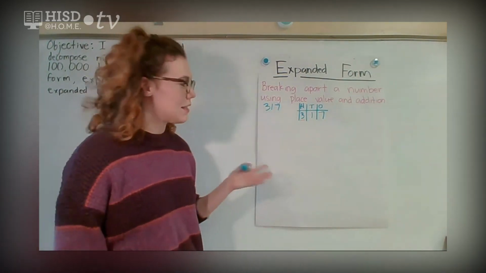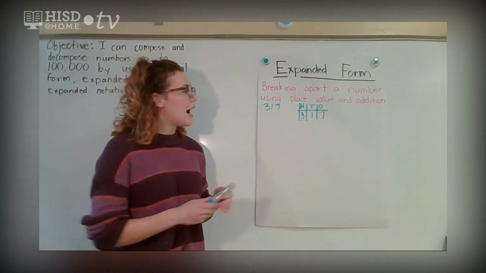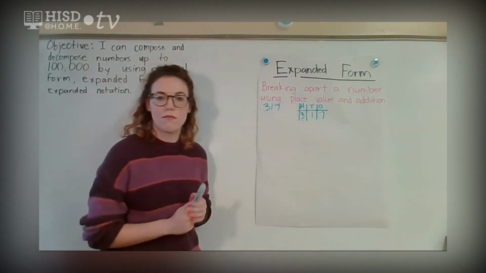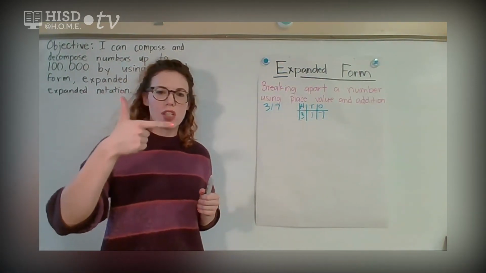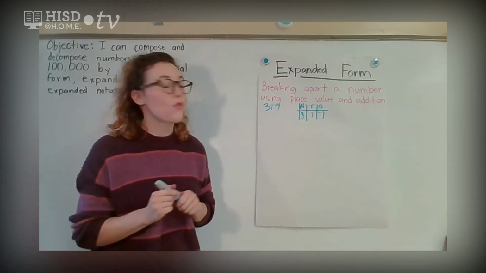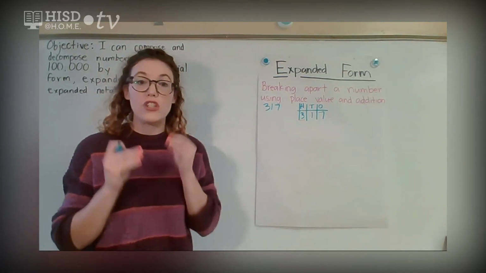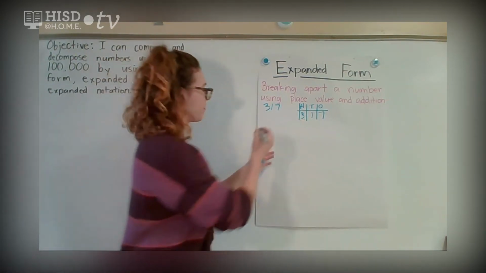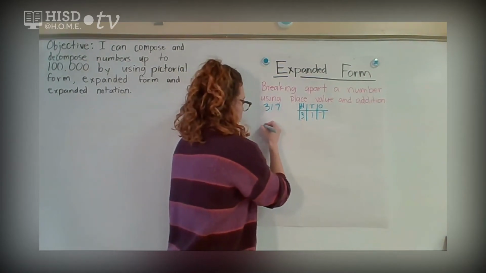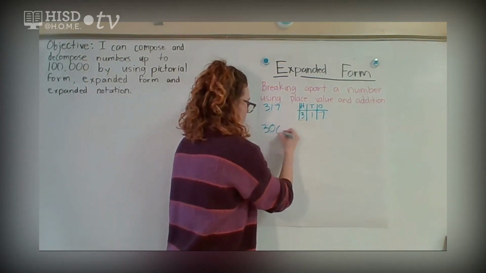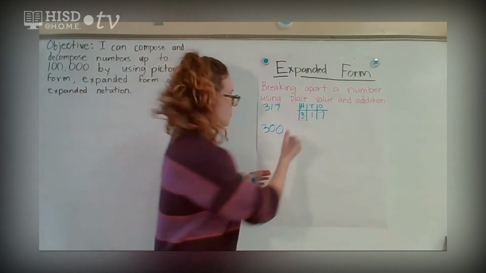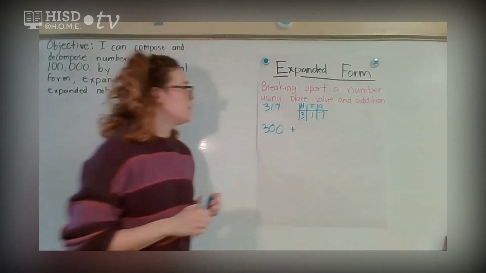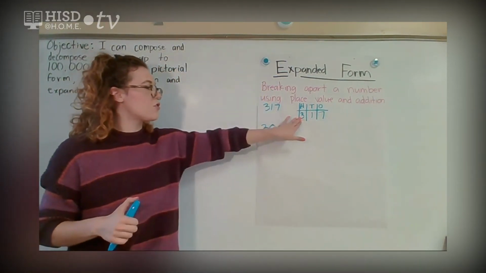You don't have to, but this is how we're going to do it today. I see I have 3 hundreds. So that's 100, 200, 300. I have 300. And I'm literally just going to write the number 300. And then I'm going to write an addition sign, plus.